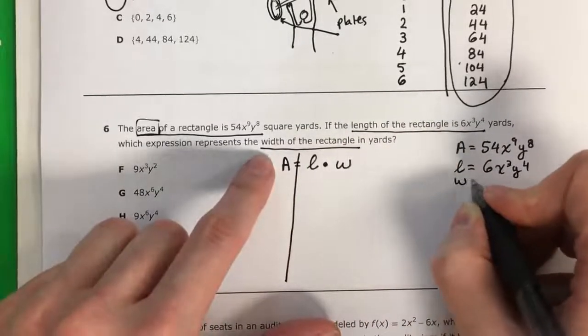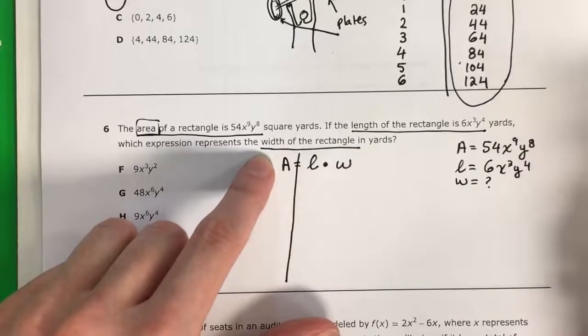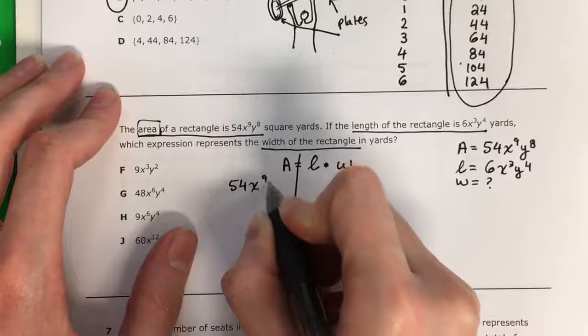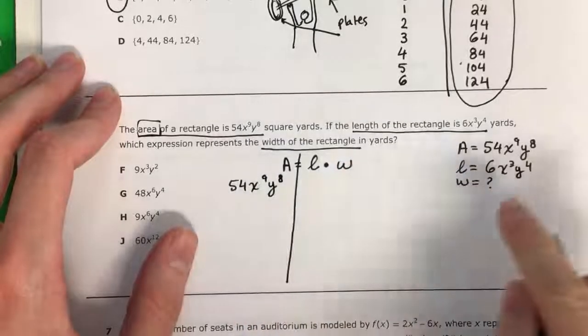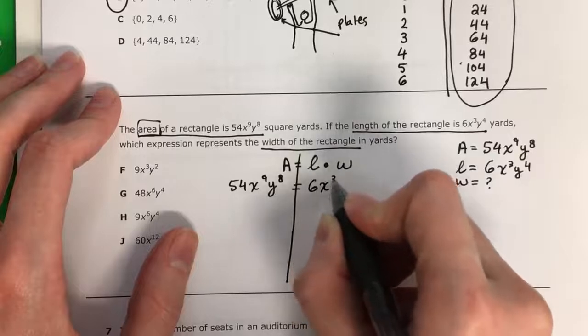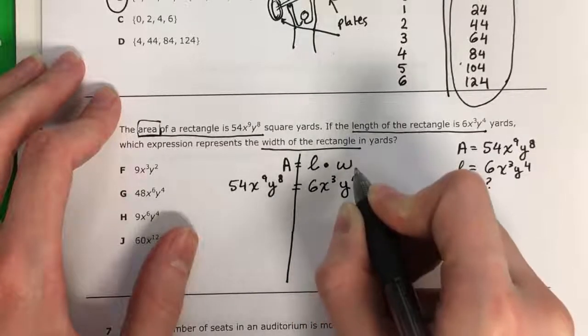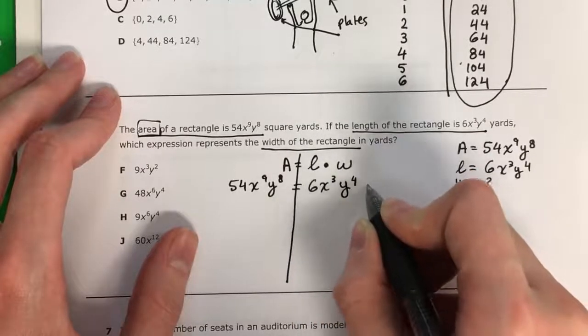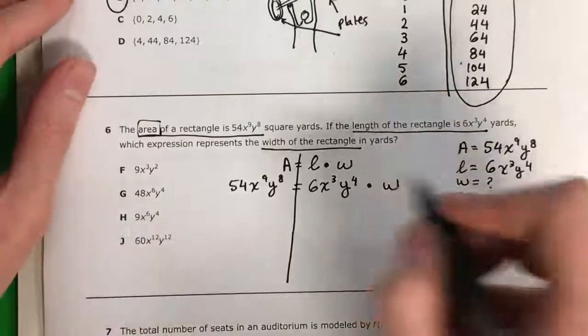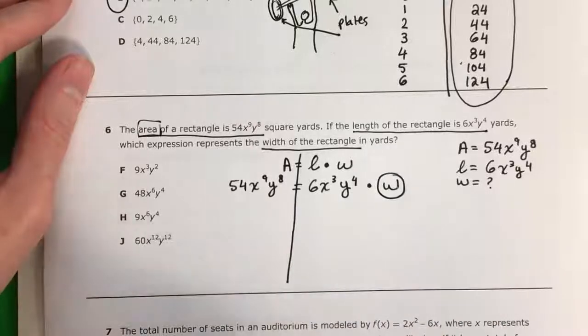And the width, we don't know. We need to find that. A is 54 x to the 9th power y to the 8th power equals L, the length, 6x cubed y to the 4th power, times W. I want the W alone because I want to solve it.